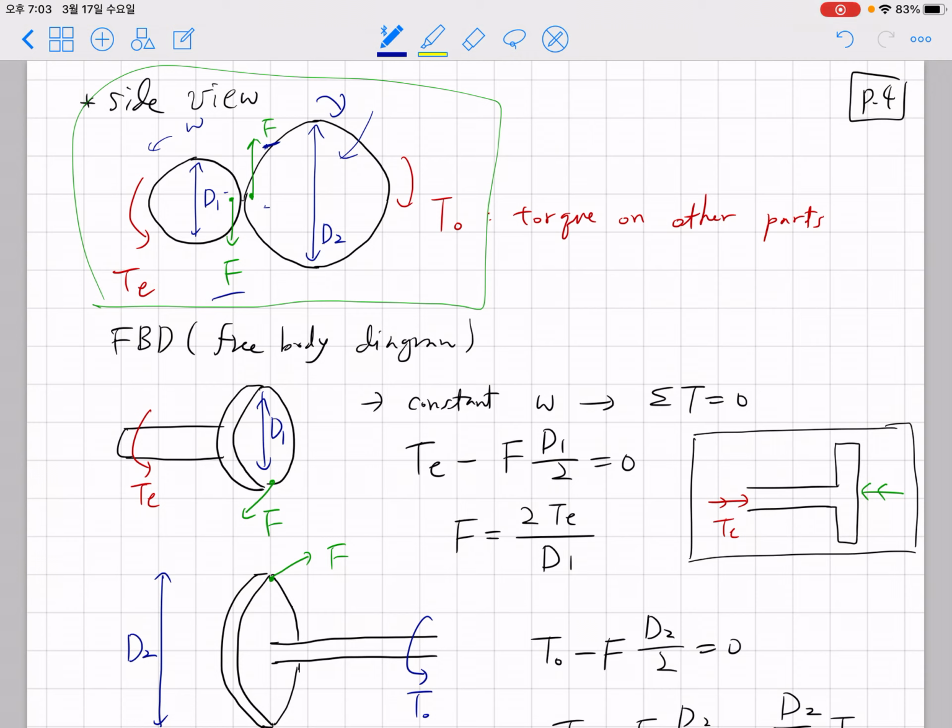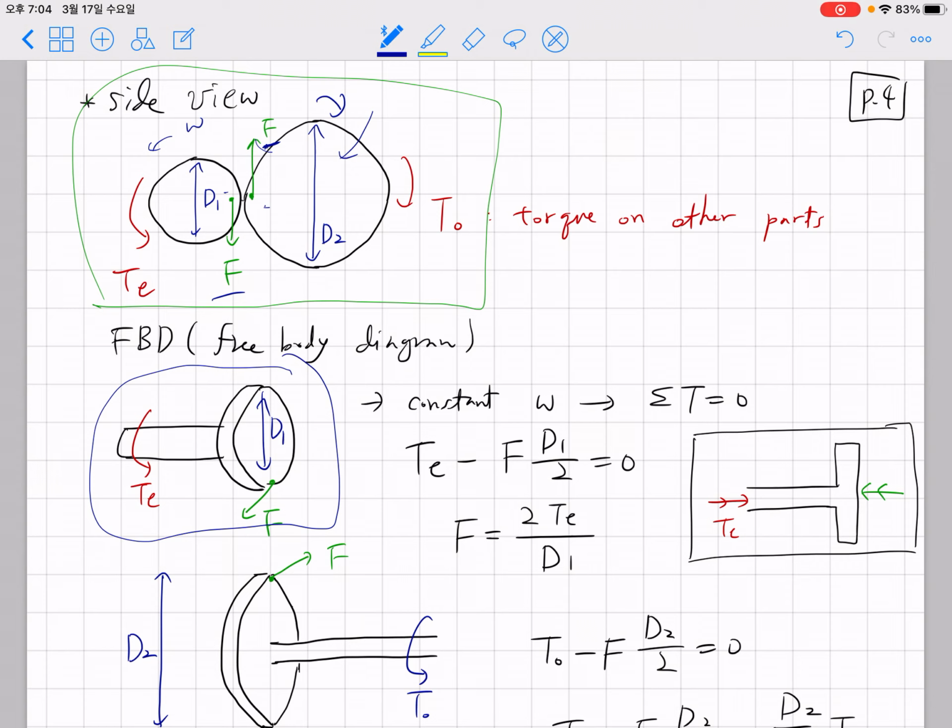So you can have a force diagram in this way, and because of this force, it will exert torque on the gear. If we look at this as a whole, it's a little bit confusing. So let's do divide and conquer. We're going to consider this small section of the gear.